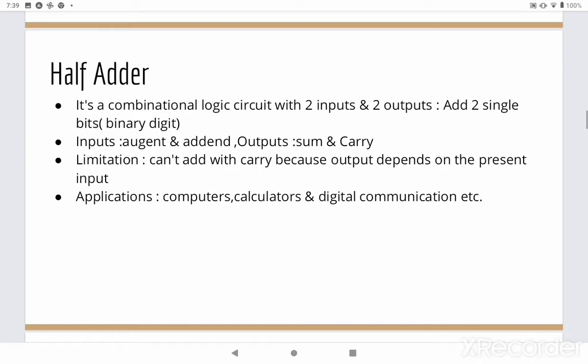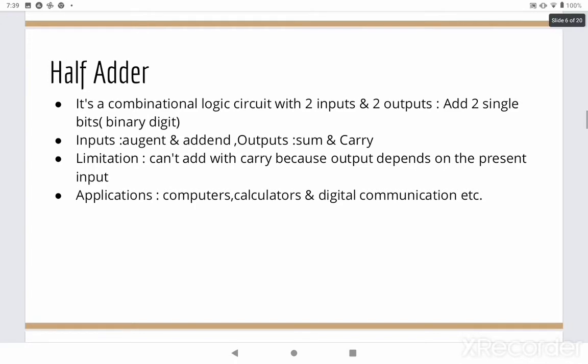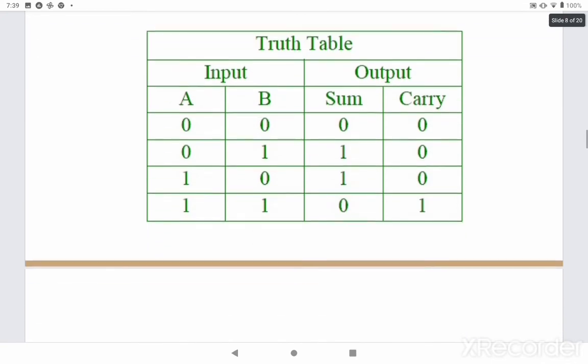Inputs are also known as augend and addend. And we said that we have two outputs, that are sum and carry. You can see a diagram here.